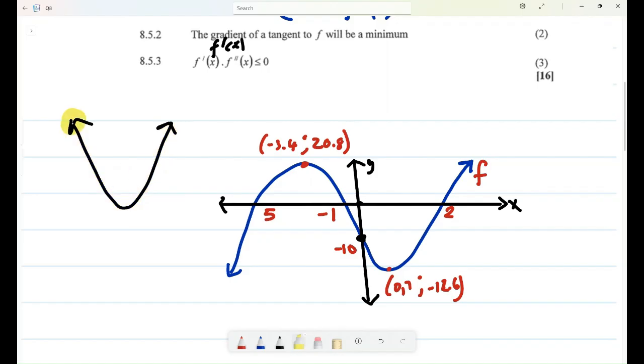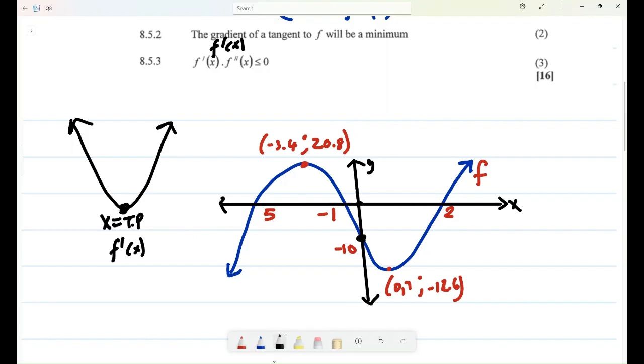At this point it is the most negative, then it increases. So it has a minimum value. So at this x coordinate of the turning point of our f prime x, the gradient of the tangent will be a minimum.